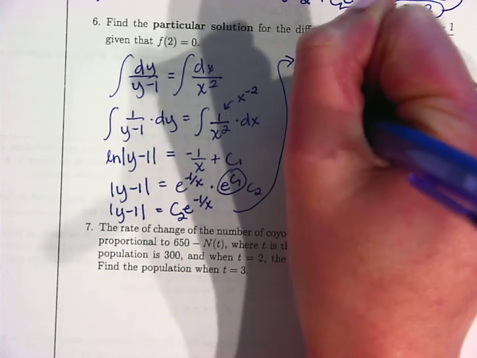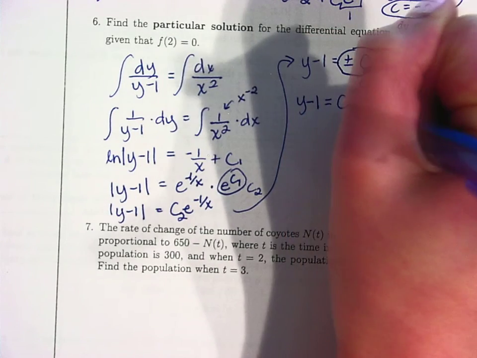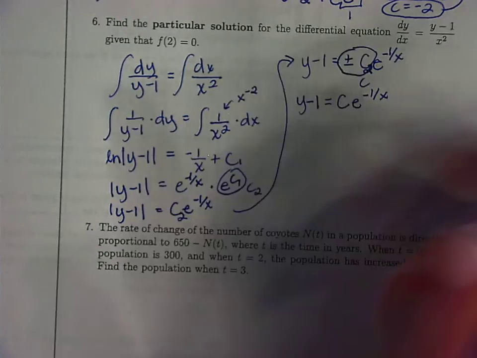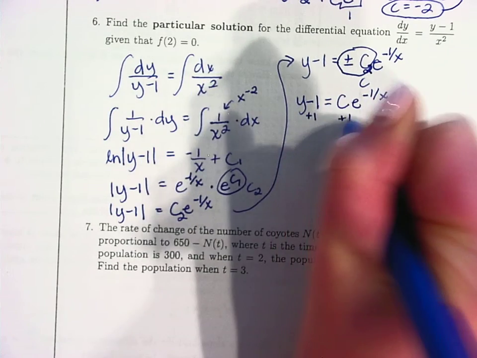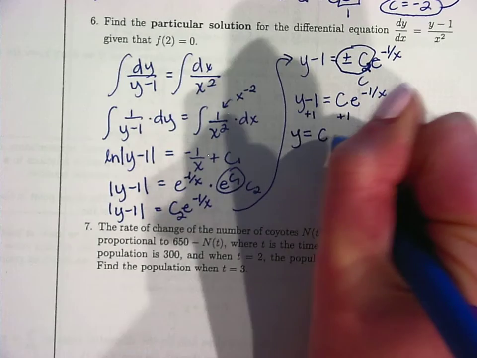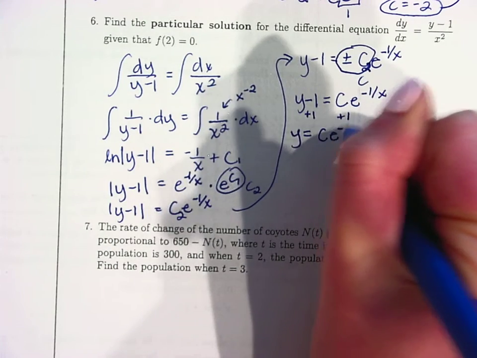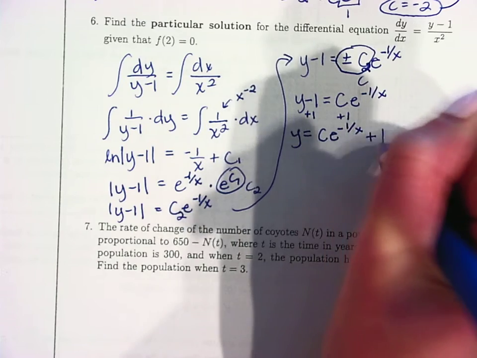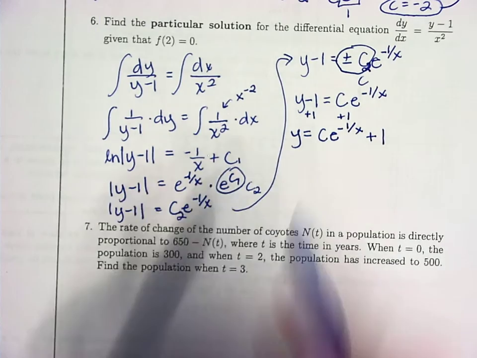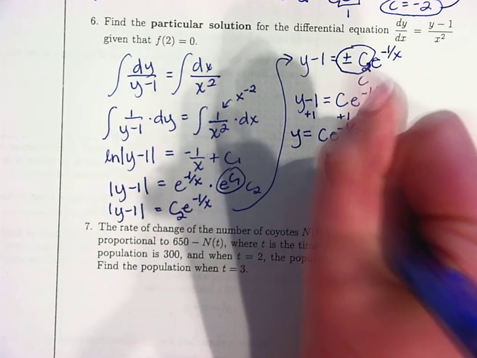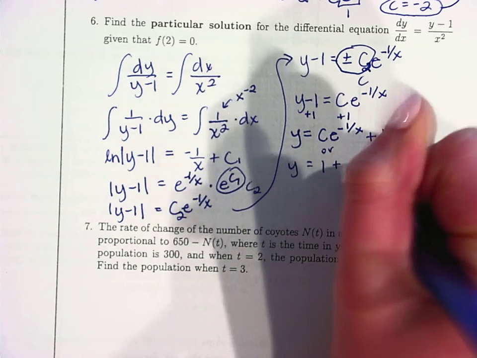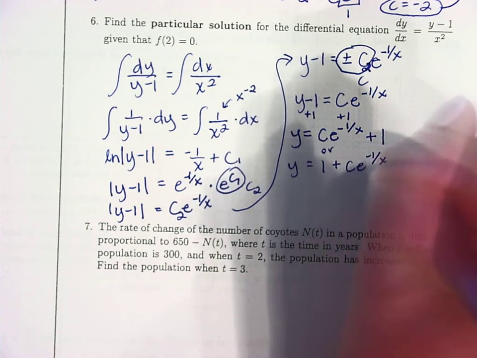So now I have y minus 1 equals c e to the negative 1 over x. Finally, add 1 to both sides. So y equals c e to the negative 1 over x plus 1. Or I'll write both, y equals 1 plus c e to the negative 1 over x.